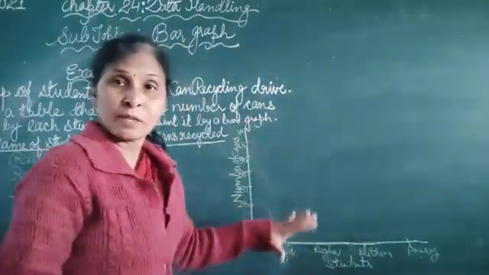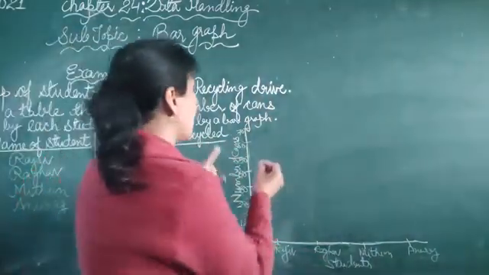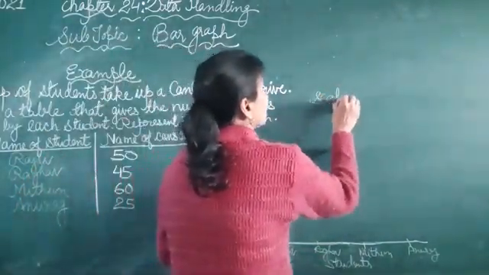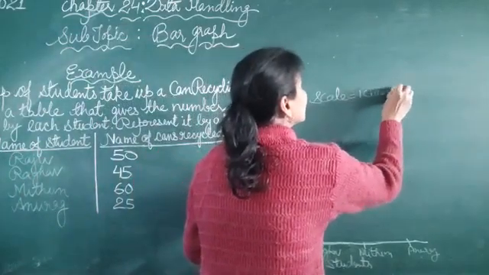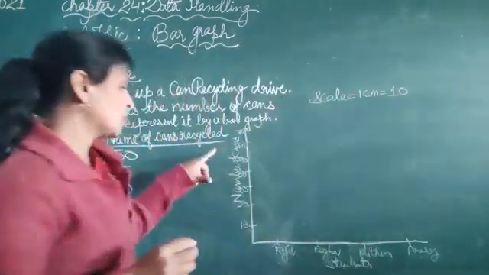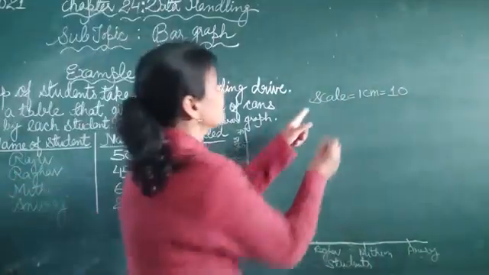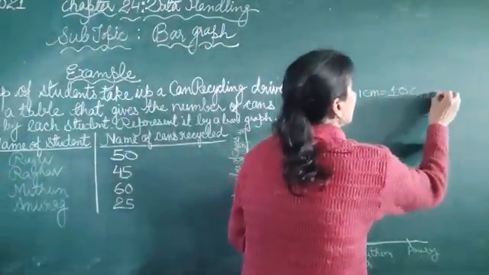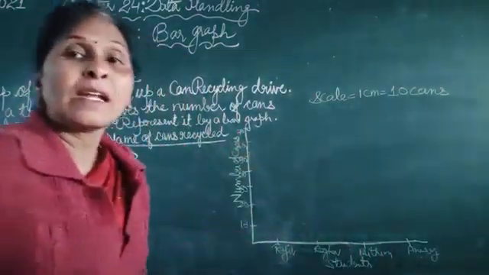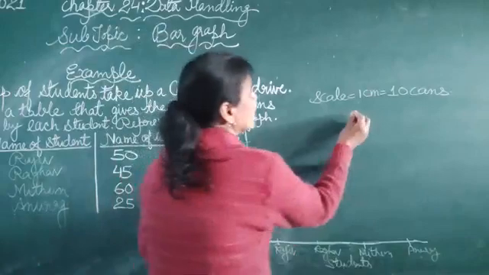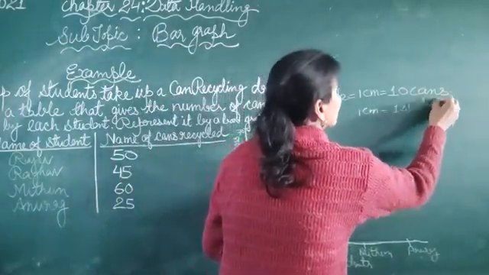In this way, we write the x-axis and the y-axis. And the scale, we use 1 centimeter equals 10 number of cans. That is 1 centimeter equals 10 cans. This is on the y-axis, and on the x-axis we take 1 centimeter equals 1 student.